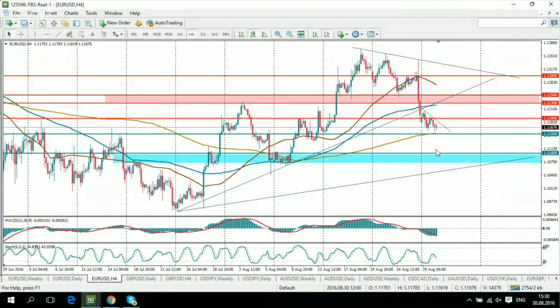I find that the combination of these moving averages, 200 period, 100 period, and 50 period, works the best on actually all price time frames for forex, as these are the main lines followed by most of the traders.